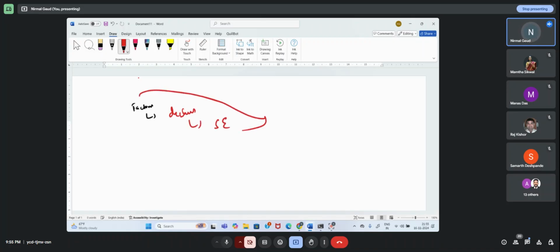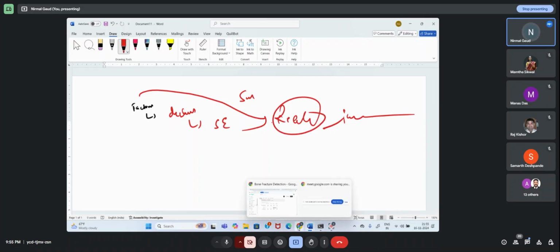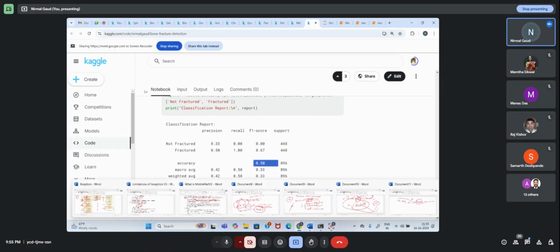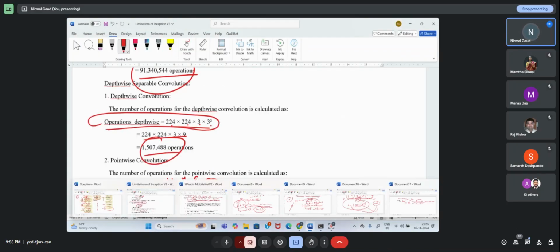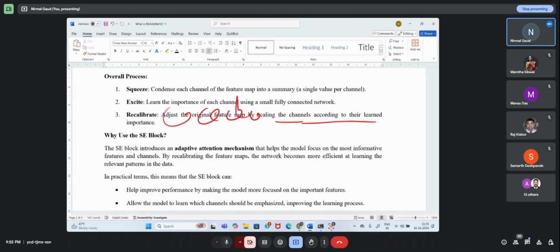Whatever is the smallest possible, they did everything, small. And then recalibration, they recalibrated, meaning increased it back again. So MobileNet is also showing good scores to me. I've used this MobileNet in some of the projects and I'm sure that it gave good results. So adjust the original feature map by scaling it back again. Squeeze, excite, and recalibrate.